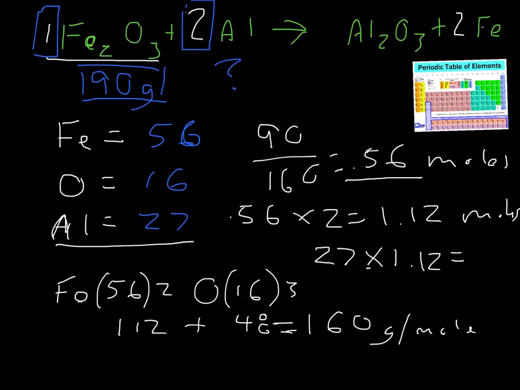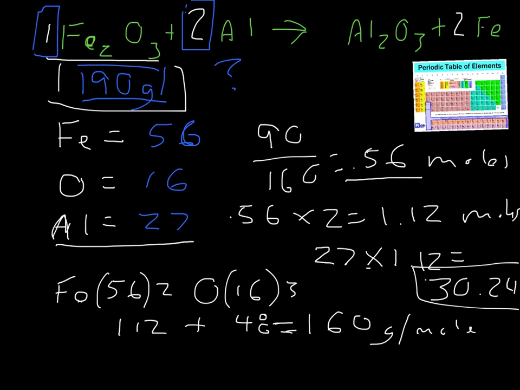So all we do is multiply 27 times 1.12, and that gives us the answer of 30.24. And that will be our answer. So if we have 90 grams of iron 3 oxide, we would need 30.24 grams of aluminum in order to use up all of our iron 3 oxide. And we're done.